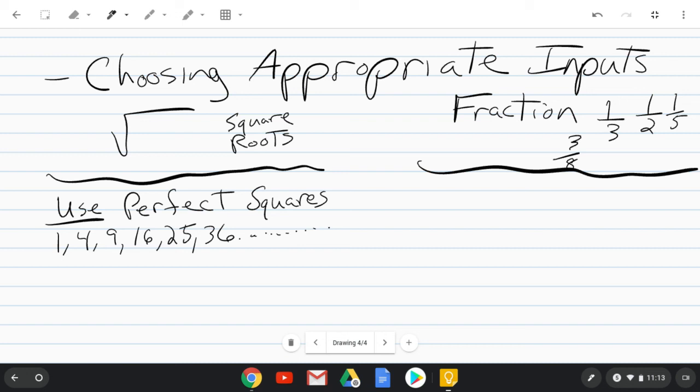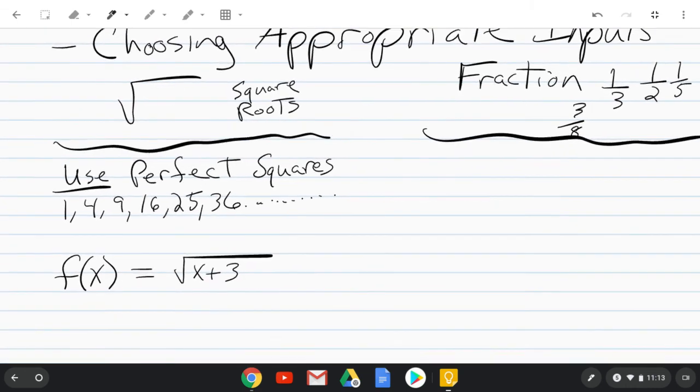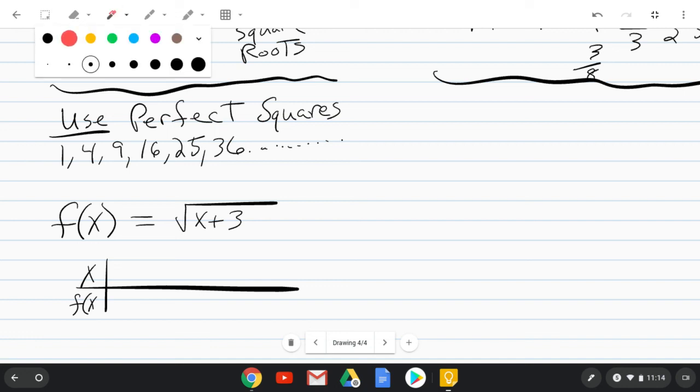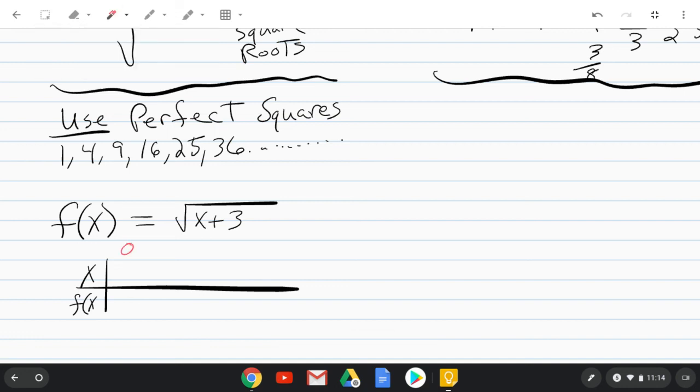So let's say I have this function, f of x equals the square root of x plus 3. Okay, and I'm going to make my input-output chart. X and f of x. I'm going to use these values. I'm going to put them in red so they stay out there by themselves. 0, 1, 4, 9, 16, and so on.